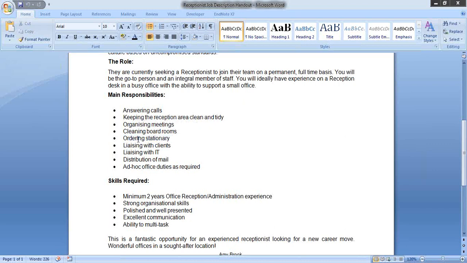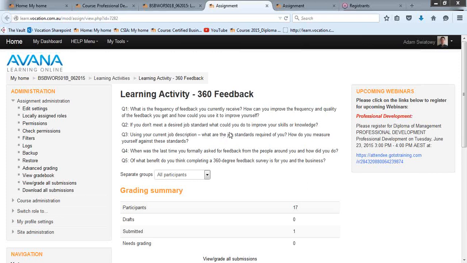The way they might measure it is, was there a minimum of 5 of this, 7 of that, 10 of those items on the shelf at any given stage? So you might have a minimum and maximum amount of items that you're allowed to keep at all times. If we did an audit of the stationery cupboard, are we between the minimums and the maximums that we need to be? So depending on the actual job, there'll be different ways to measure it.